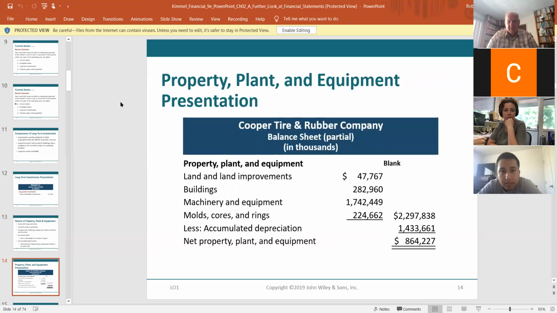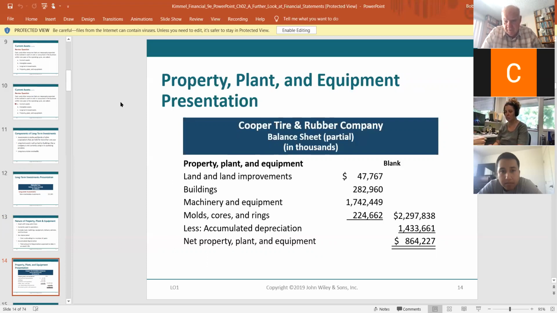So let's take a look at this section of the classified balance sheet. Property, plant, and equipment. You can put a colon there. That's the header. Land and land improvements, 47 million. Buildings, 282 million, etc. You add those up.